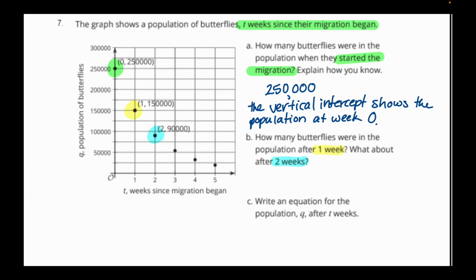So that's going to be these right here. We would say 150,000. I had to make sure I was counting the right number of zeros there. 150,000. And for 2 weeks, it is the 90,000.